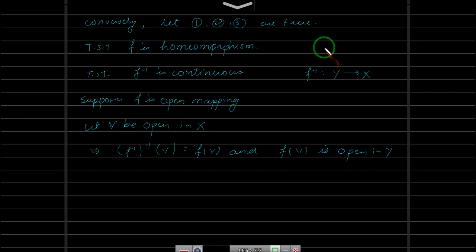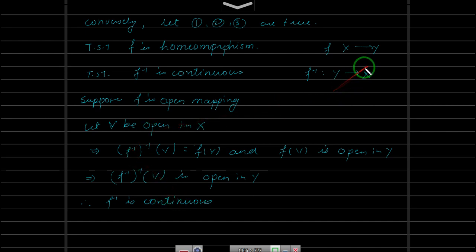Let us write f again here. f is a function from X to Y. We have taken V open in X, and since f is an open mapping, f(V) is open in Y. So if f(V) is open in Y, this implies the inverse image of V under f inverse is open in Y, and therefore we have proved that f inverse is continuous.